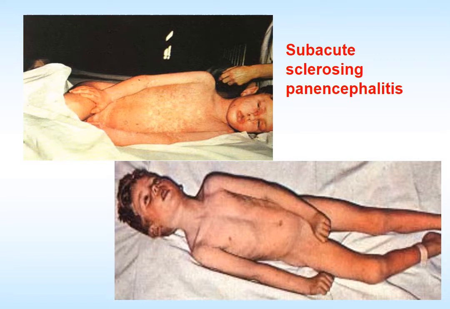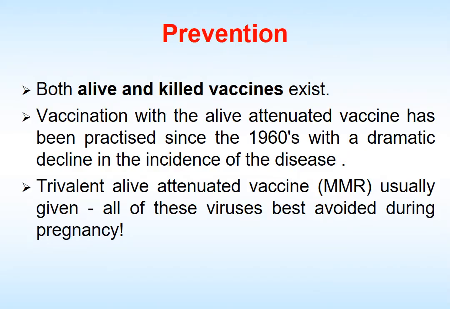And on this slide you can see young patients with the severest complication, subacute sclerosing panencephalitis. So, one more time, prevention by live and killed vaccines.